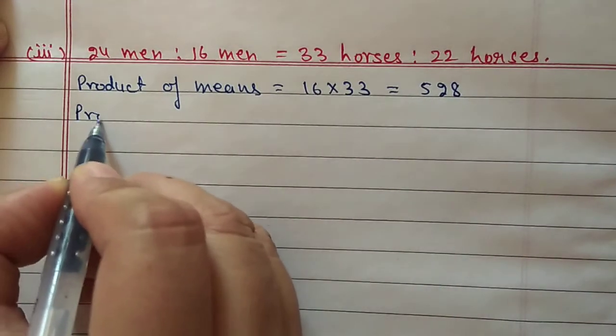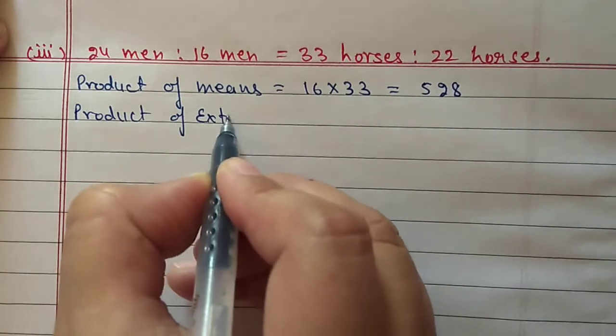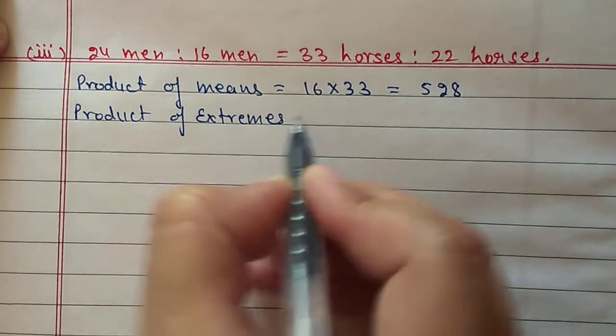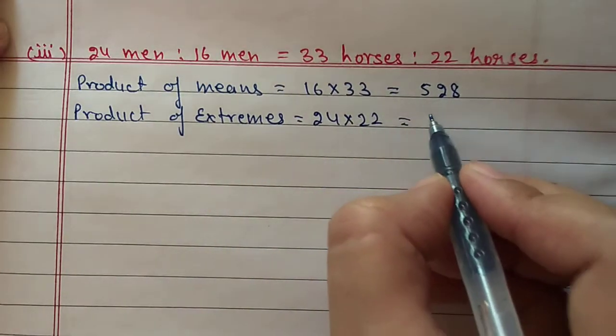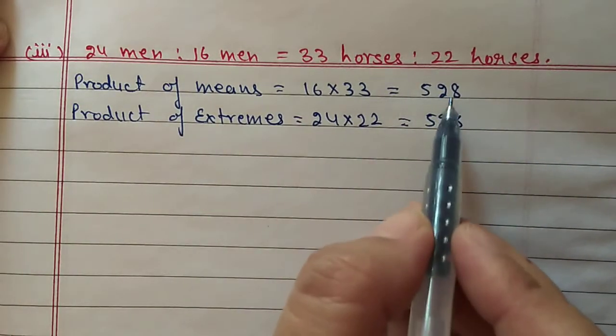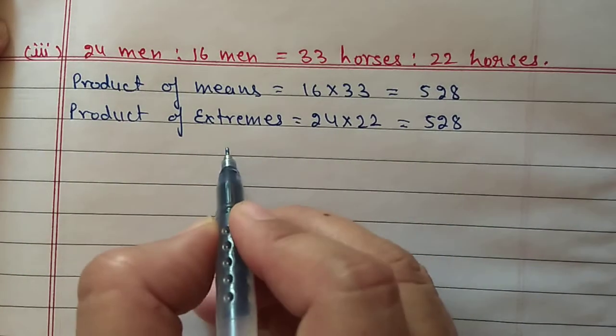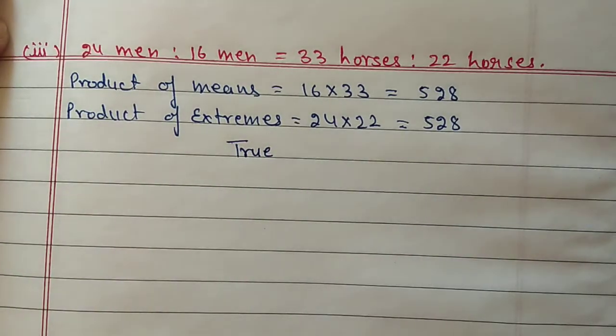Then product of extremes, 24 into 22. Here also we will get 528. So because both values are the same, therefore this statement is true.